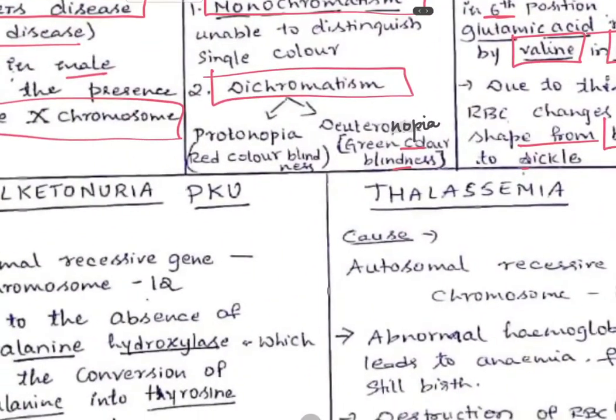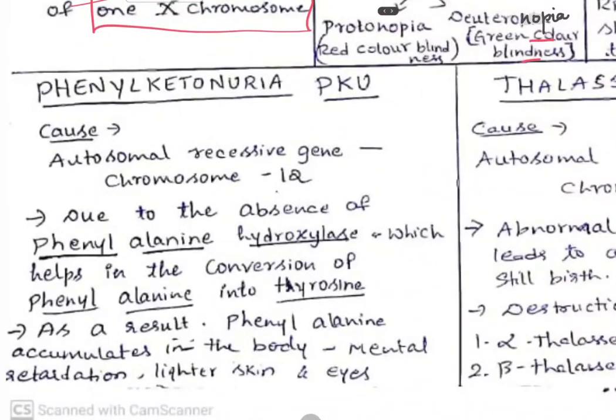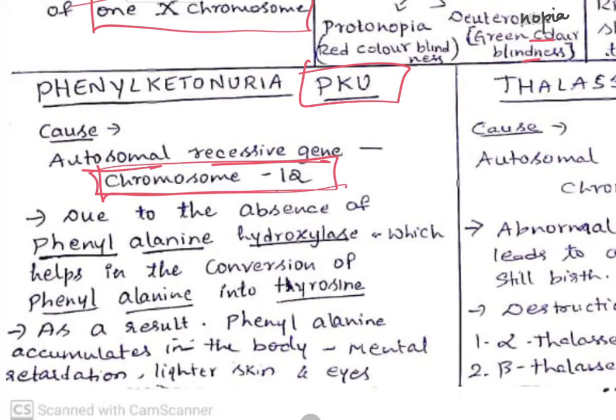Now let us move towards phenylketonuria, PKU. The cause of this disease is an autosomal recessive gene present on chromosome number 12, and it is due to the absence of an enzyme called phenylalanine hydroxylase. This helps in the conversion of phenylalanine.